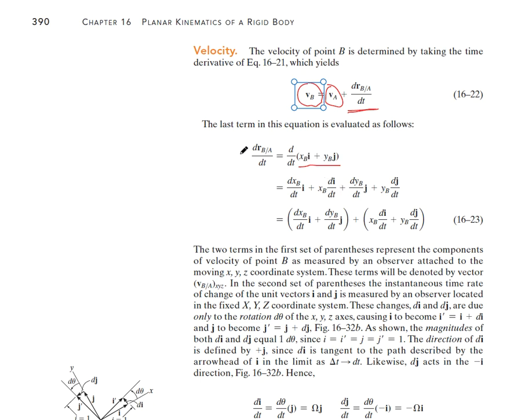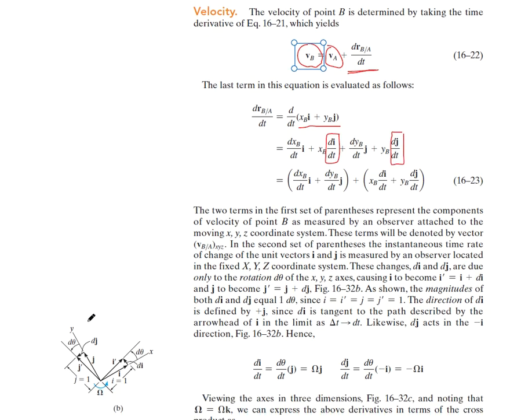Applying the chain rule to take care of this third term gives birth to the time derivatives of these unit vectors. The problem is not new to us. It's explained here in the text.